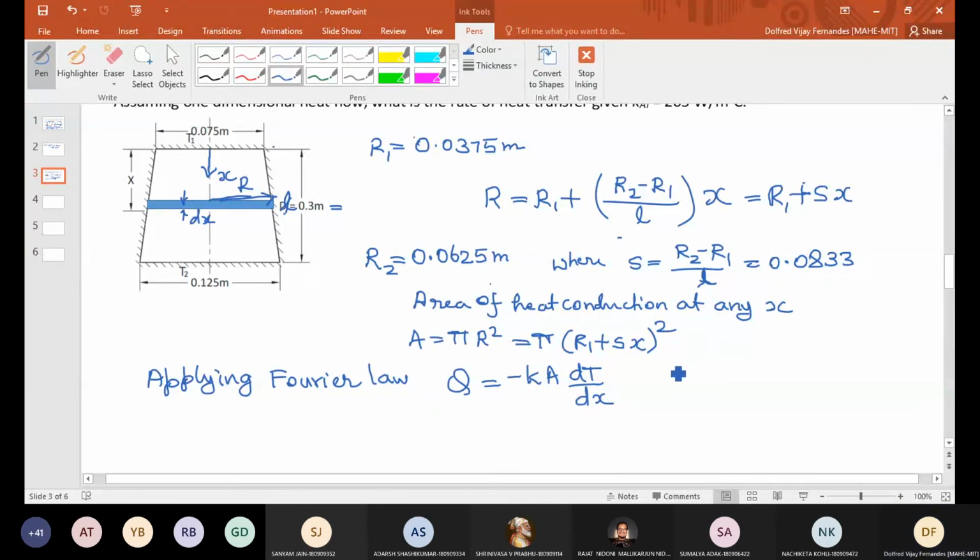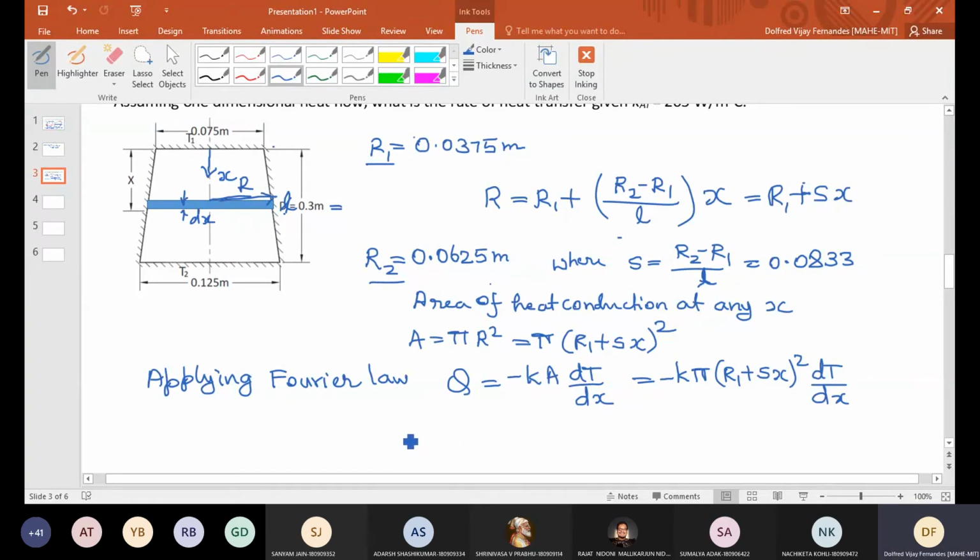That is equal to minus K, area is now pi into R1 plus S X whole square into dT dx. Integrate from where to where?